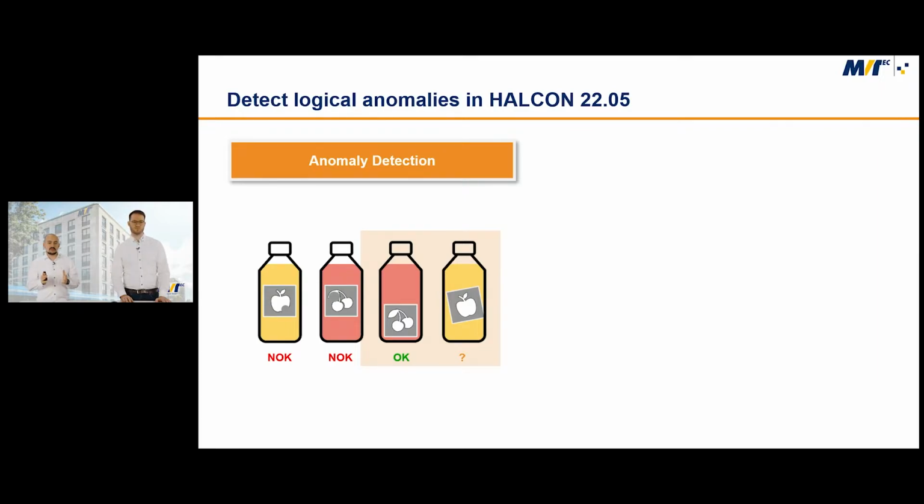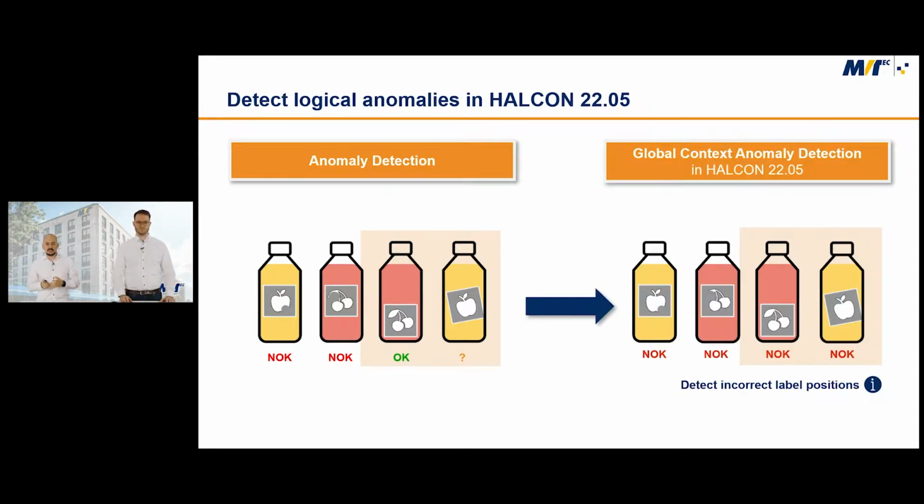So let's quickly have a look at the differences between the current anomaly detection and the Global Context Anomaly Detection. In our example, we have several defects at the left, two with defects on the labels, which were recognized by the anomaly detection.